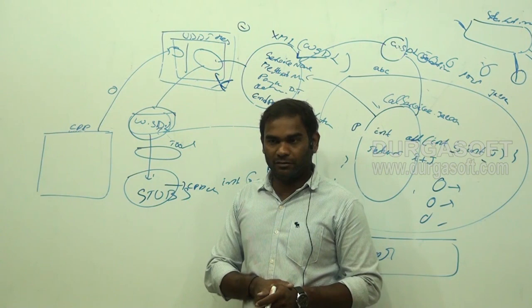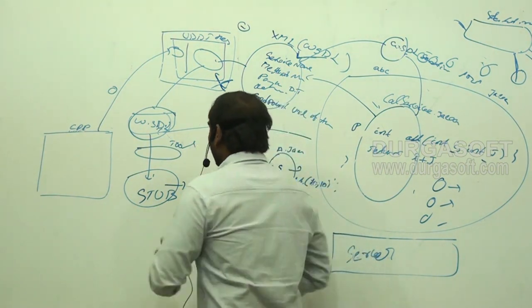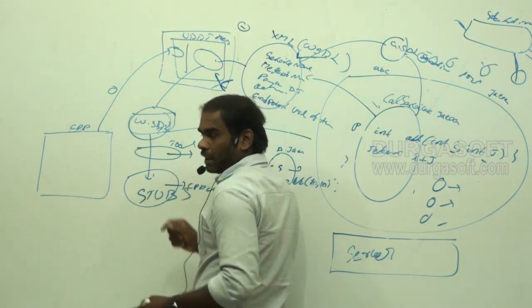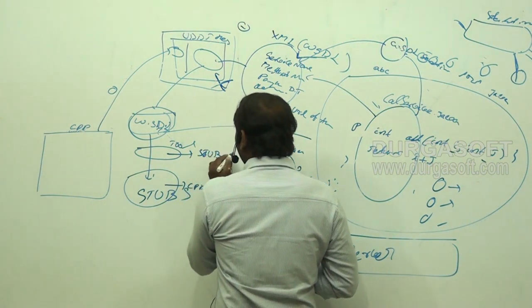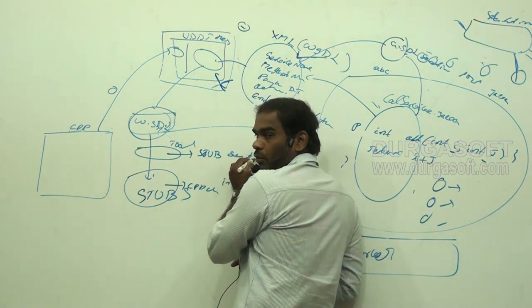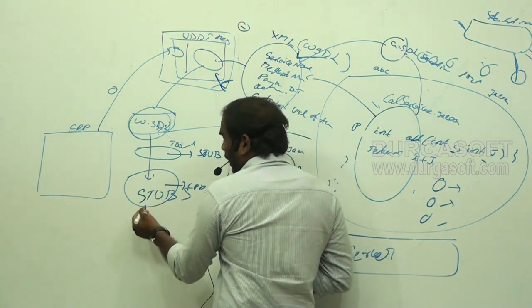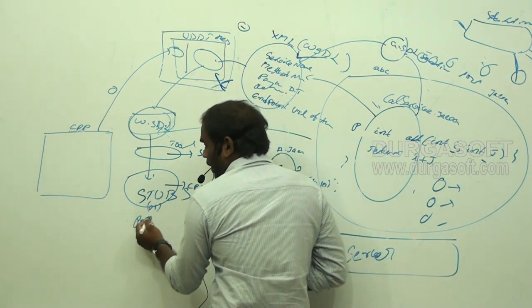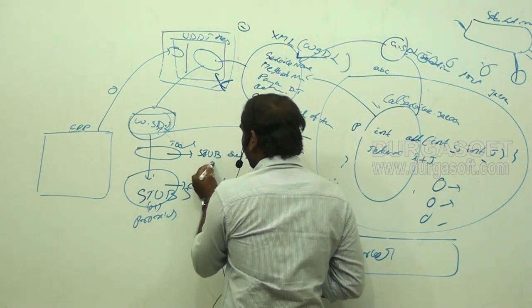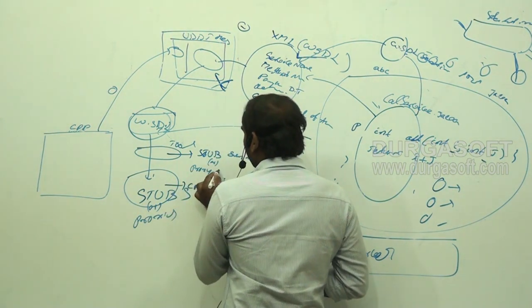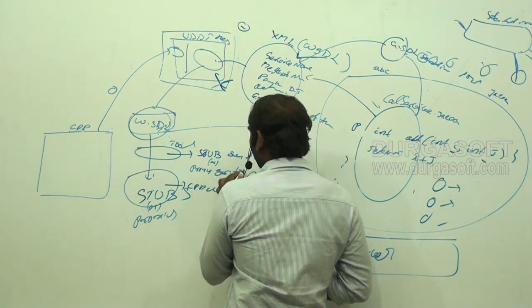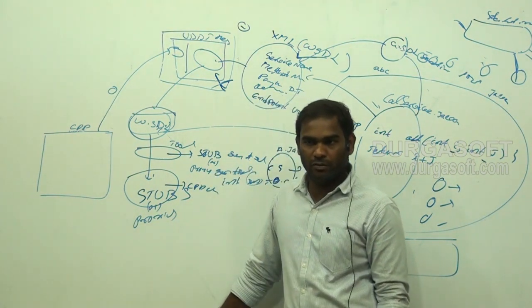So these tools are called stub generation tools, or stub gen tools. Another name for stubs is proxies, so we can say proxy generation tool.